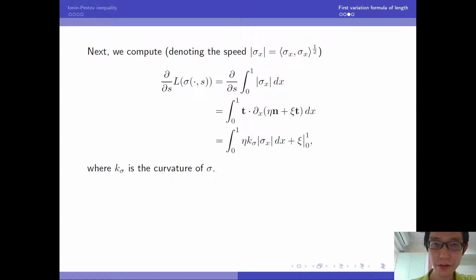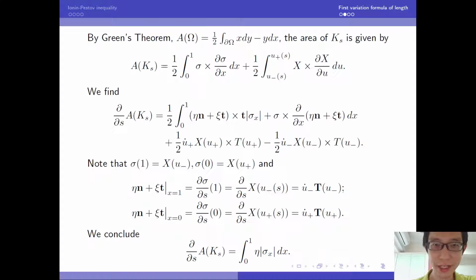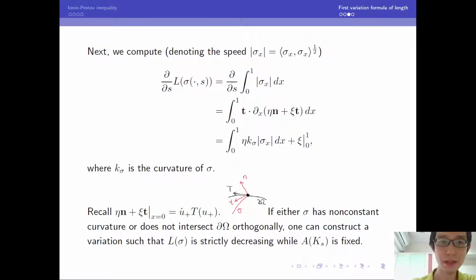Okay, so let's compare the derivative of L with the derivative of A. You recall that the derivative of A is just eta itself. So now, if the area is kept fixed, then the integral of eta must be 0. And now we recall this picture along the boundary. The variation field should be tangent to the boundary.